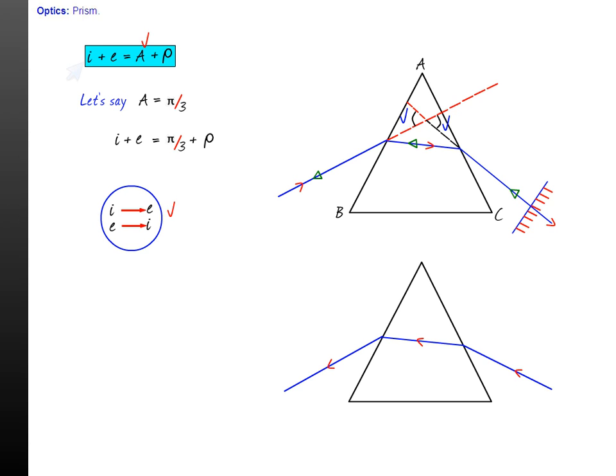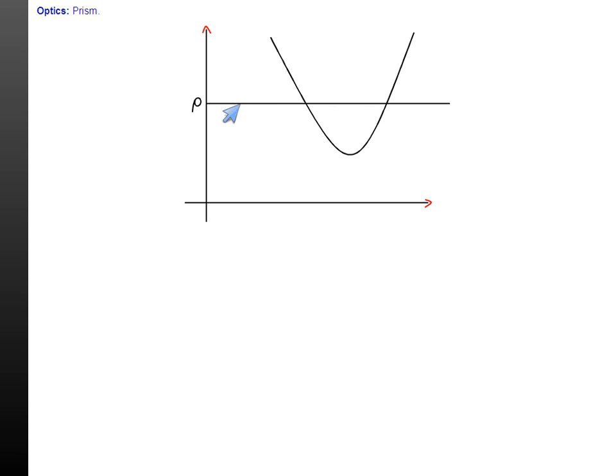That means for a given angle of deviation, there are two angles of incidence. One is I and another is E. So if you plot rho versus I, then the graph will be something like this. So we can see that for a given angle of deviation, there are two angles of incidence.